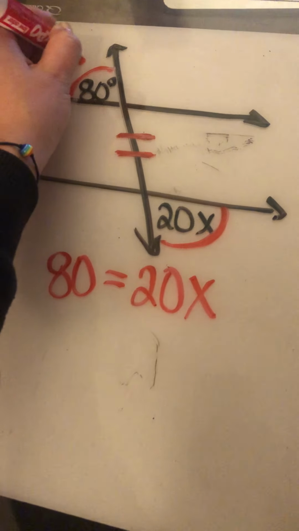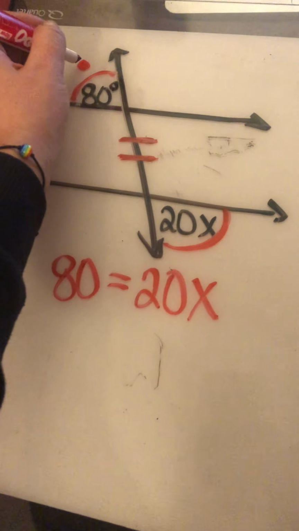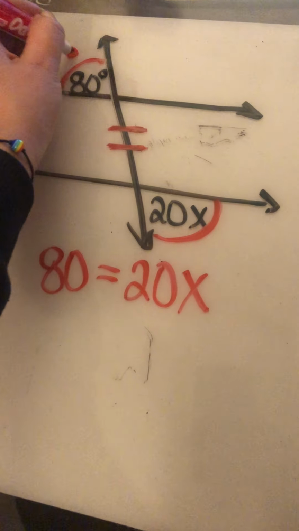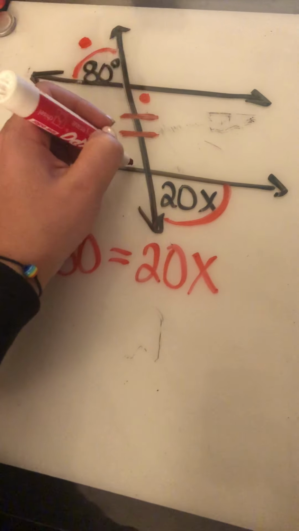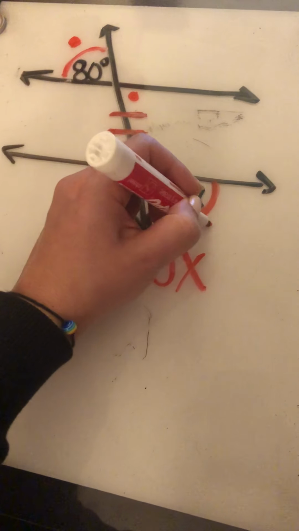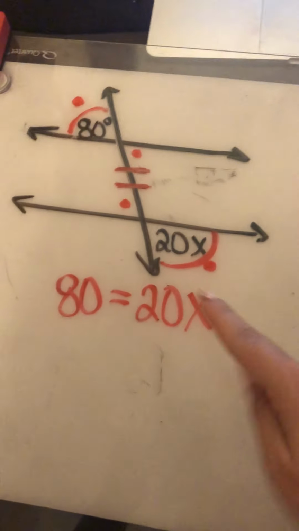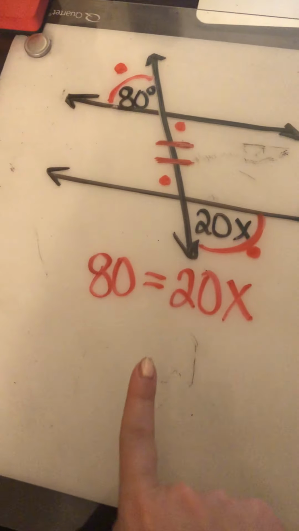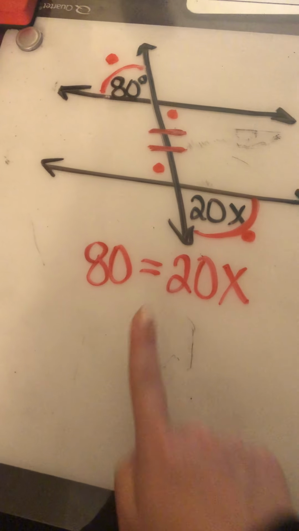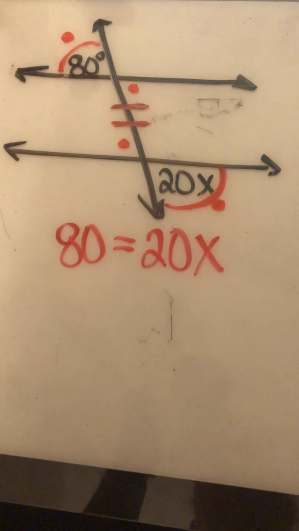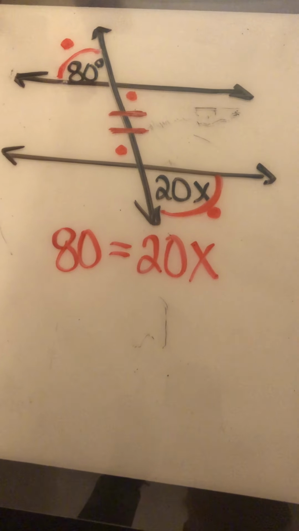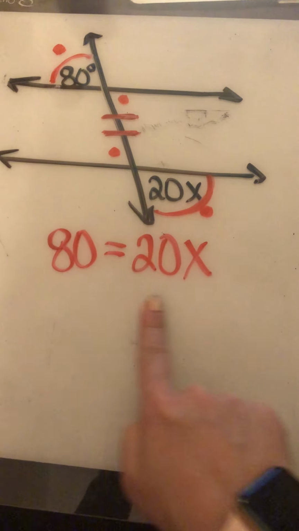If I put a dot on this angle and I did the dot method, zigzag down and across, let's see, down, this would be 80, across, this would be 80, down, this would be 80. So this is telling me that they both have dots, they're equal. Unlike the last example we did where they were supplementary, so we added them together to equal 180. These angles are going to be equal to each other, so here's our equation.